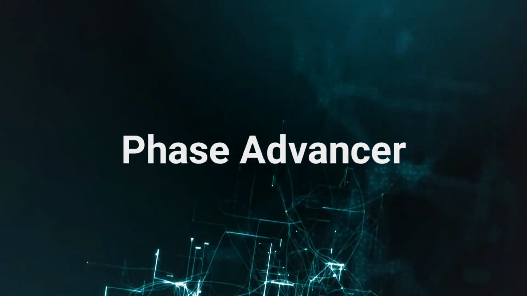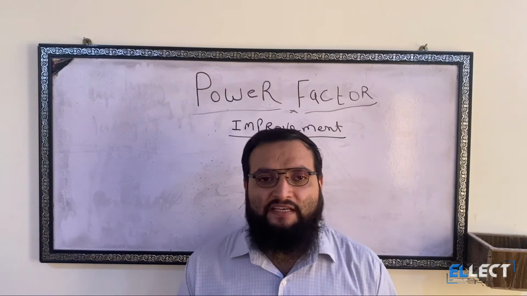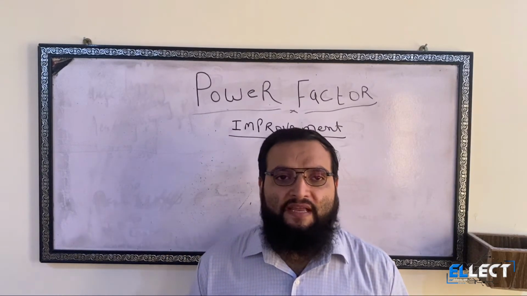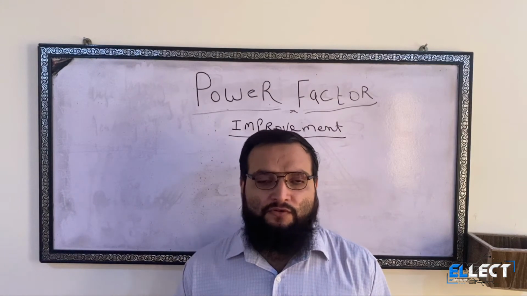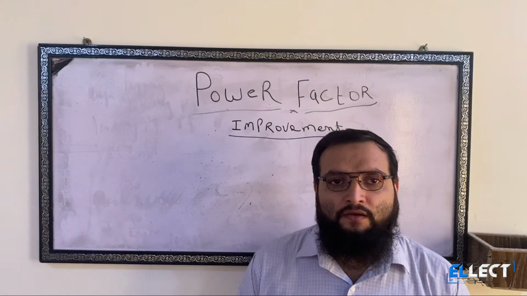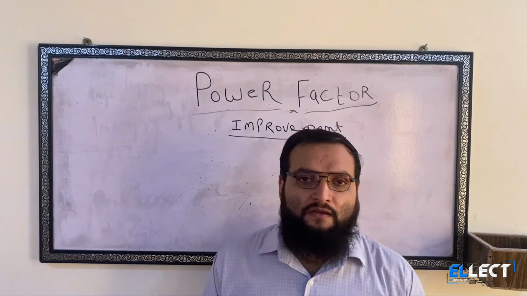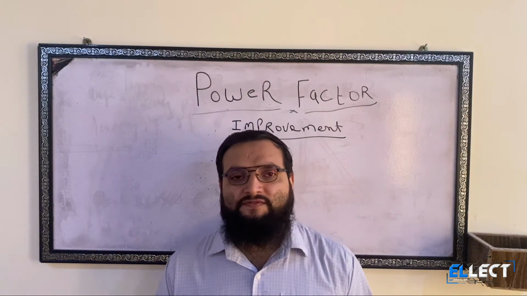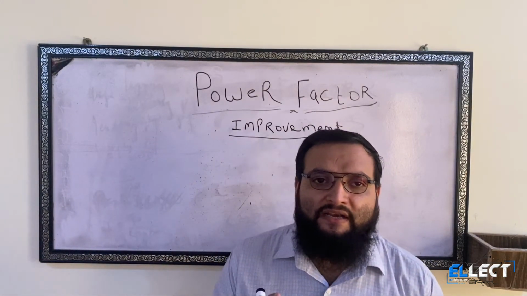Phase advancer. A phase advancer is generally an AC exciter which is connected on the main shaft of the motor, and it operates with the motor's rotor circuit to eliminate the reactive component of the load current, and it is used to improve the power factor of the induction motor.